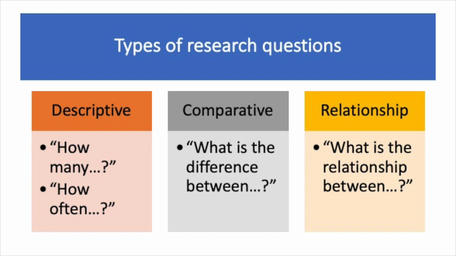The first is descriptive, and a descriptive research question is really just about typically describing a single variable or a single concept. So you might start a descriptive research question with how many or how often.